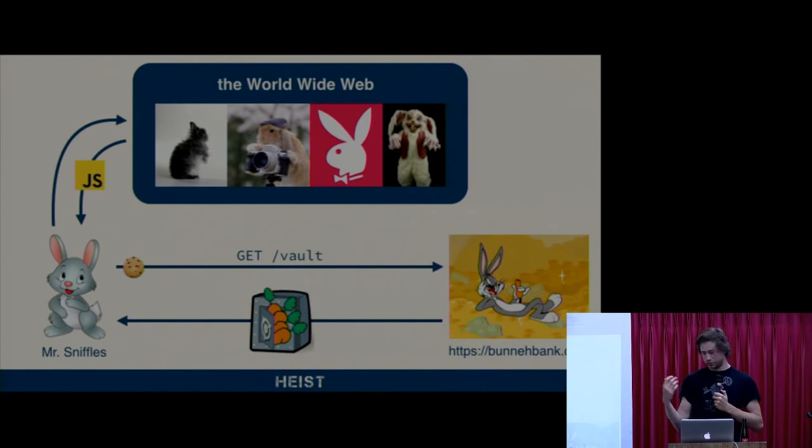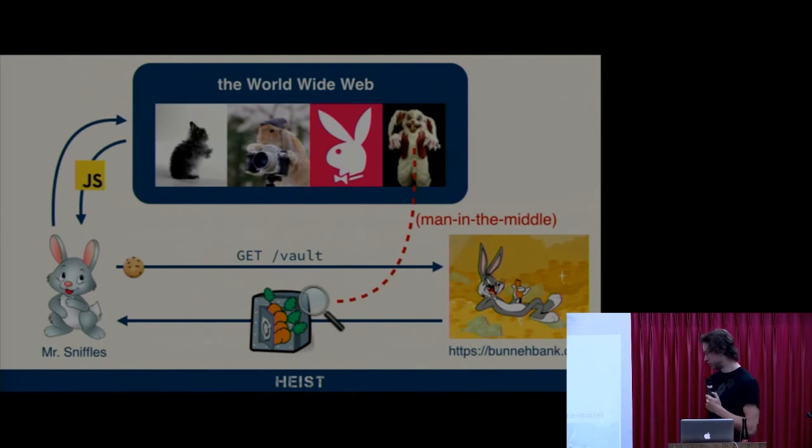But of course, as I said, there are some malicious players outside there on the World Wide Web. Let's look at this guy. So in our attack model, we assume that this guy is a man in the middle. So a man in the middle means that he can intercept or look at the network traffic that is sent between Mr. Sniffles and Bunnybang. Of course, bunnybang.com is a secure website, so it's loaded over HTTPS.